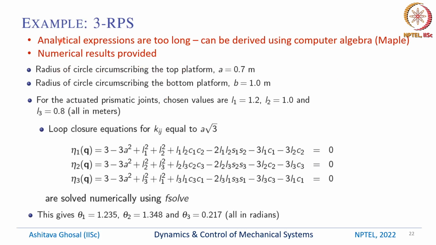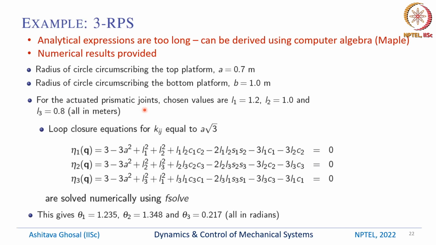So to obtain numerical results, we first choose some of these parameters. The radius of the circle circumscribing the top platform A is chosen as 0.7 meters. The radius of the circle circumscribing the bottom platform B is chosen as 1 meter. And this is the 3 degree of freedom mechanism.